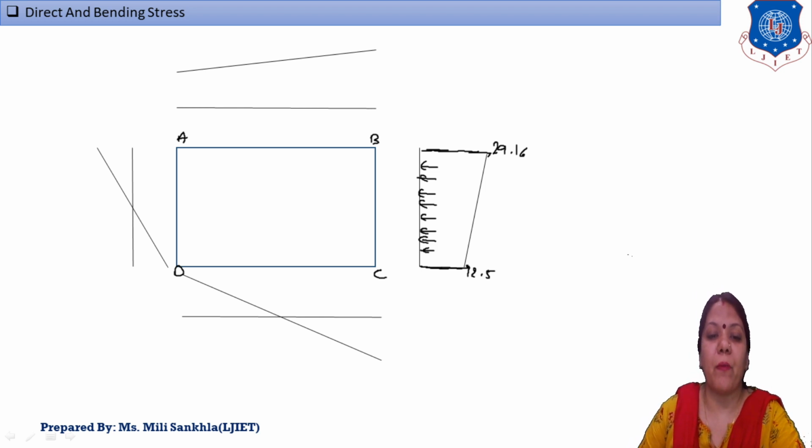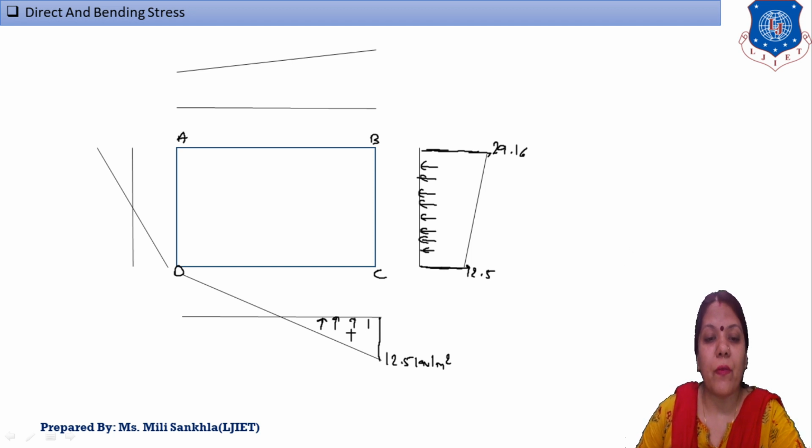This is the plus diagram. Now at corner C again we get a positive value, so go down: 12.5 kilonewton per meter square, plus value.